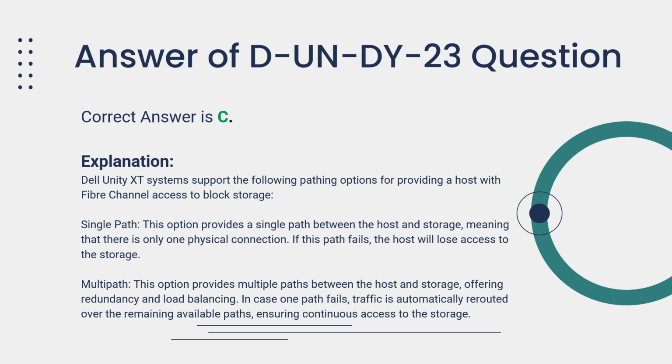If this path fails, the host will lose access to the storage. Multipath. This option provides multiple paths between the host and storage, offering redundancy and load balancing. In case one path fails, traffic is automatically rerouted over the remaining available paths, ensuring continuous access to the storage.